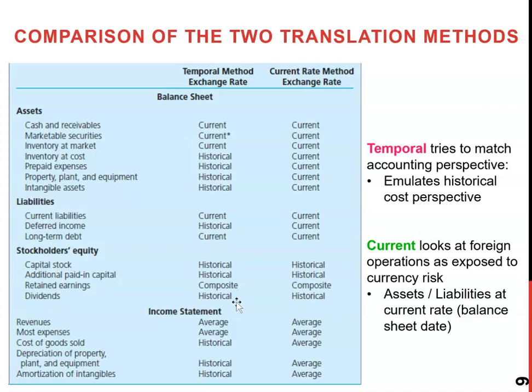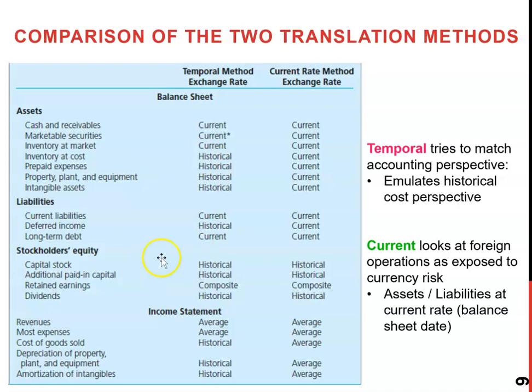It's called the historical cost approach, no matter what the current values of those assets are. This is one of our core accounting principles under GAAP. And the temporal method matches GAAP's historical cost approach. So in that sense, the temporal method is better.